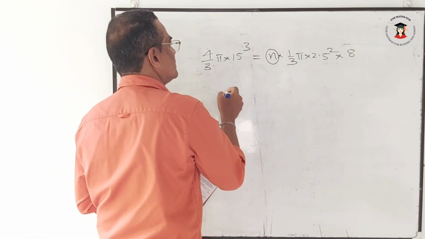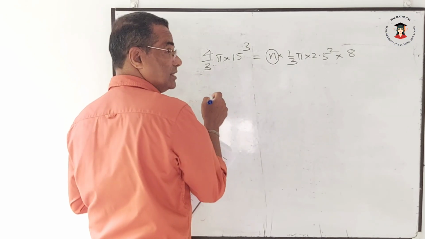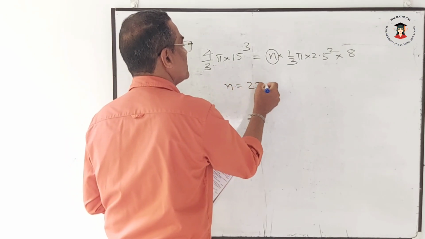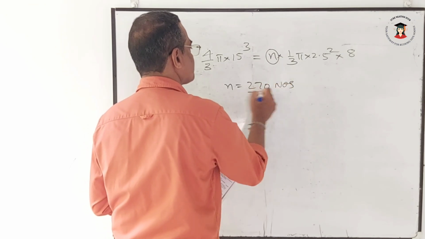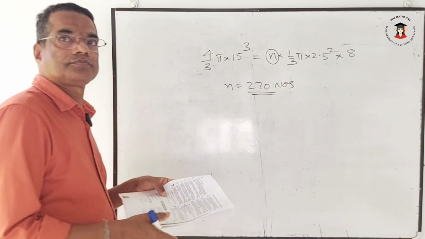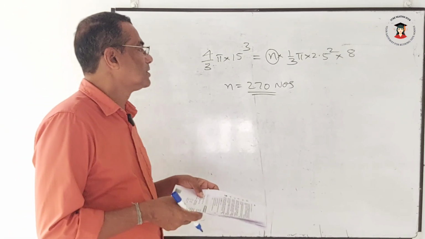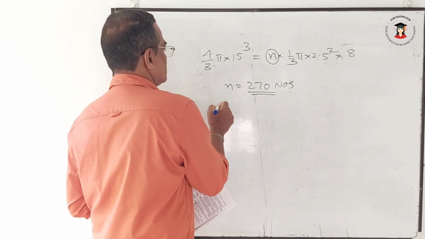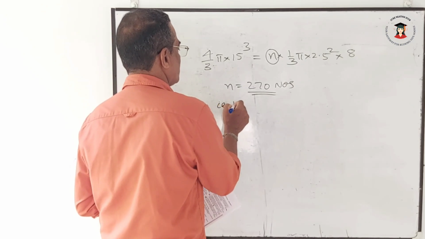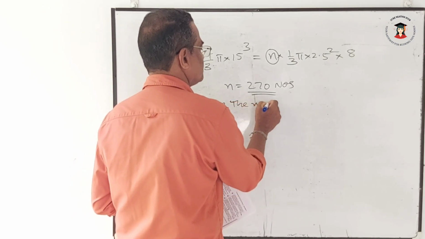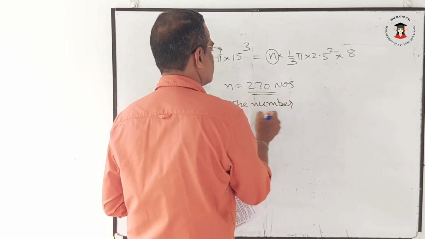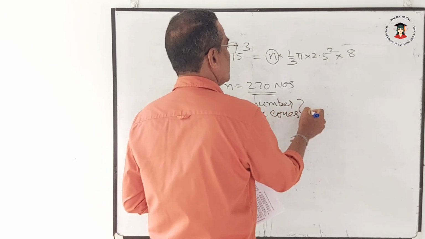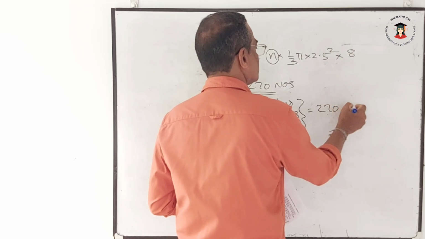Simplification of this equation will give you n equal to 270 numbers. That is the number of cones equal to 270 numbers.